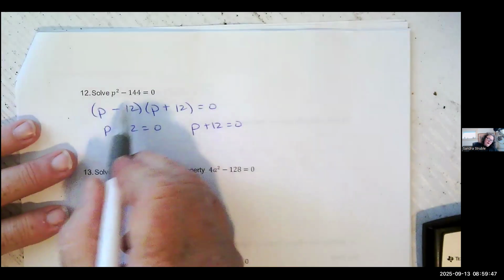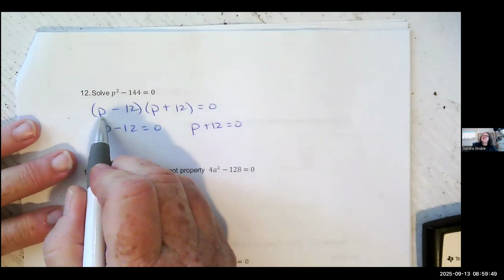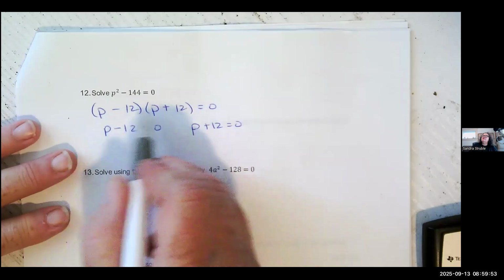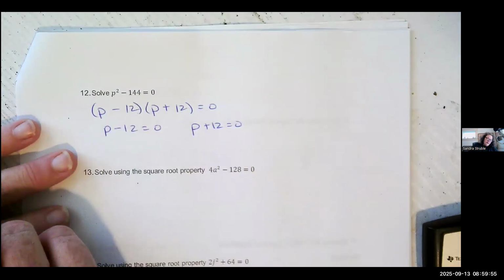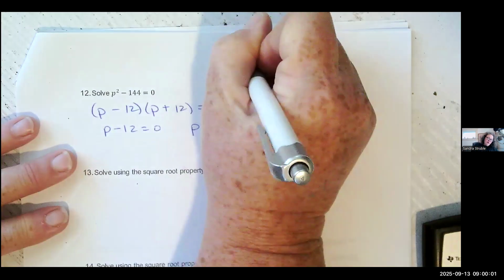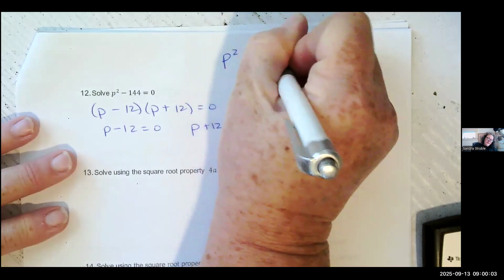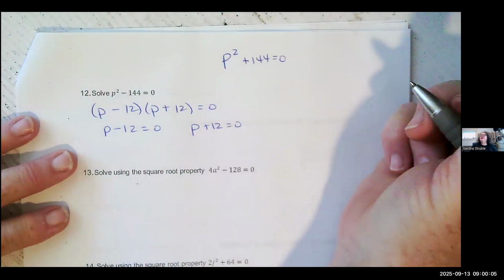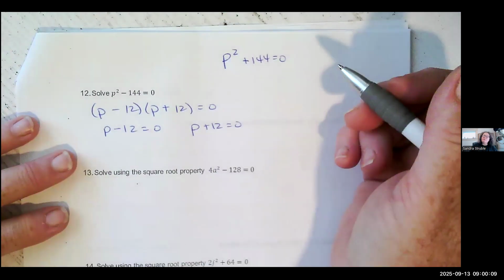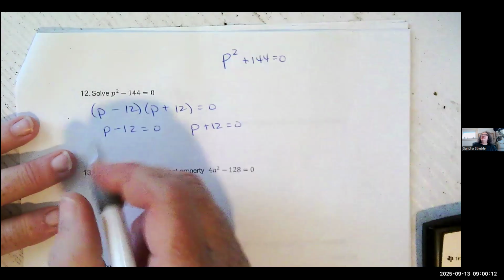So difference of two squares, it's the square root of the first, square root of the second, and then you just change the signs to have the difference of two squares. Remember, you cannot take the sum of two squares if it does not factor. So if we have p squared plus 144, it does not factor. Okay, that is prime. You could solve it by the square root property, but that's it. You can't factor it like this.